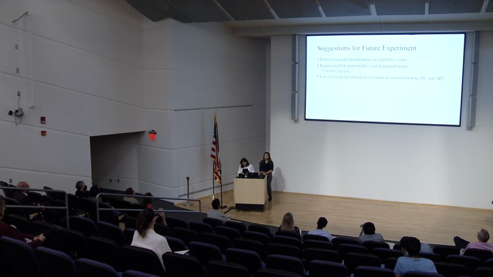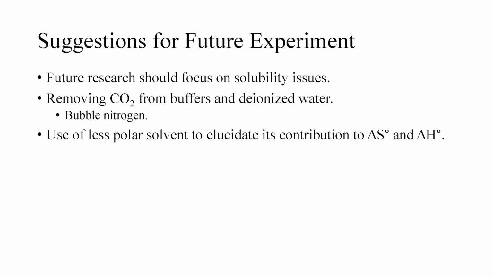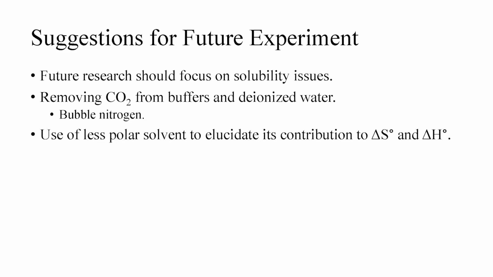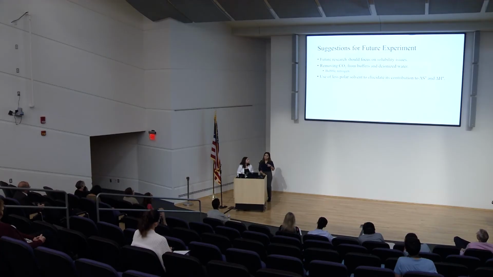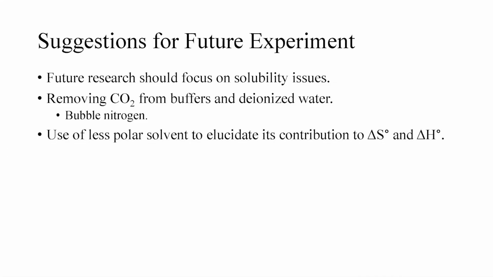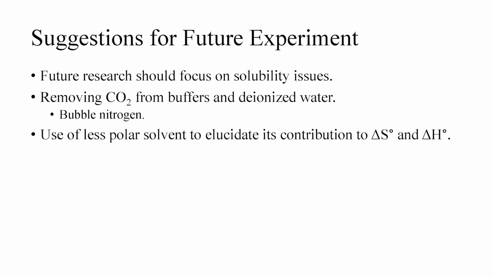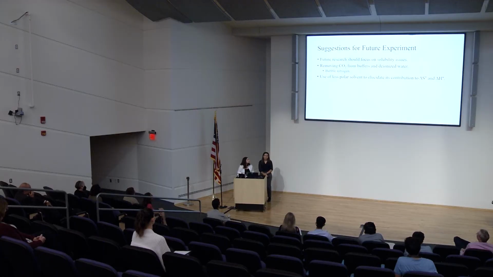And here, just a couple suggestions that we have for future experiments on either of these indicators. We would mention the solubility issues. A little more focus needs to be put on them, mainly to reduce the possibility of some of it not being fully dissolved, and again, causing the enthalpy and entropy to be more negative or positive, which would then cause delta G to be more positive, which is characteristic of a spontaneous, instantaneous reaction.